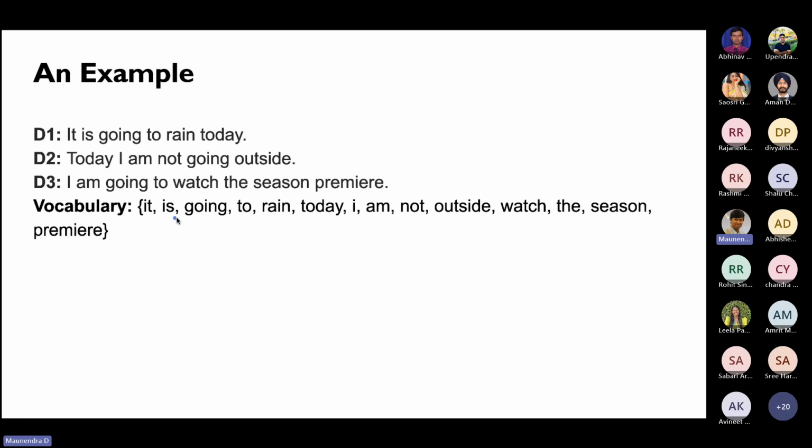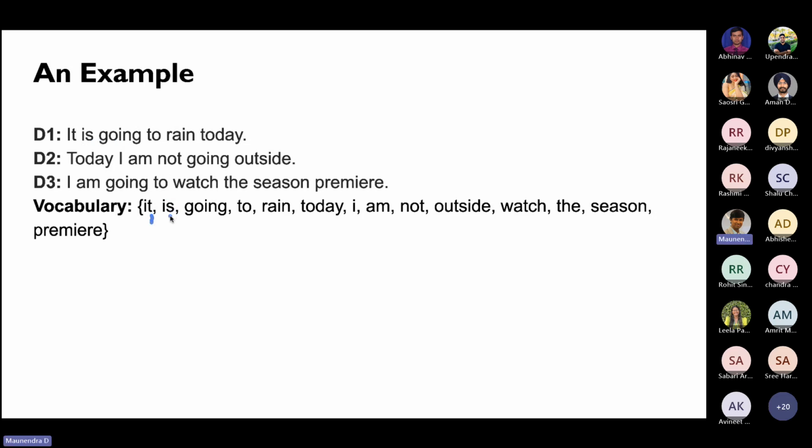And while doing this vocabulary construction, we'll also maintain the document frequency of each term. When we are processing D1, we have extracted all these tokens individually. We take the first word and see whether it is there in the vocabulary. Initially, the vocabulary is empty. It is not there, so we say that it is a new word and its document frequency is 1.